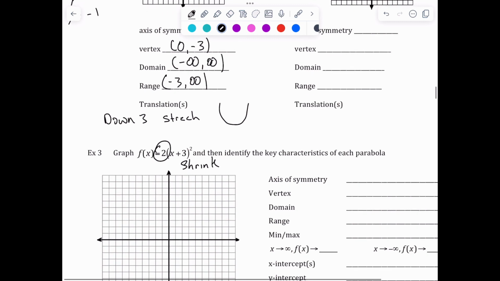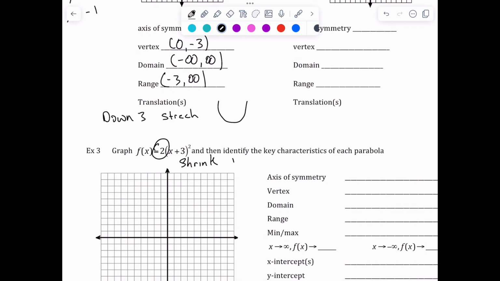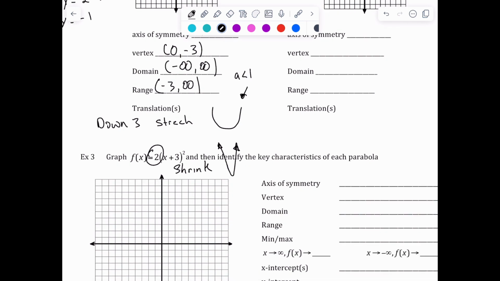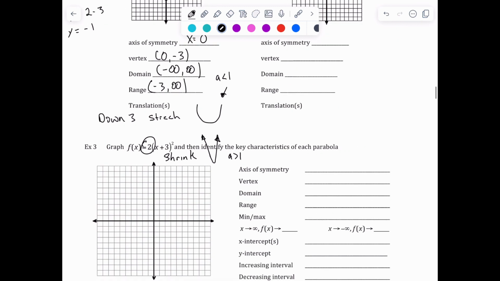Meaning the U is going to go up a lot faster. That is a shrink. If the number outside, we call it A, is less than 1, it is a stretch. If A is greater than 1, it is a shrink. So make sure you have that. It might come in handy later.